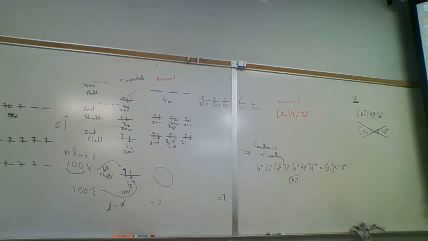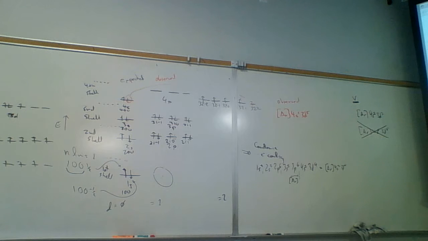Periodic table. So, chromium's here, vanadium's here. Manganese is already half filled. And so if we go to manganese, we don't have to do anything.